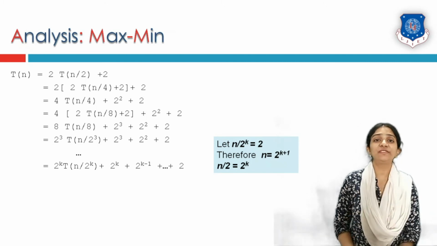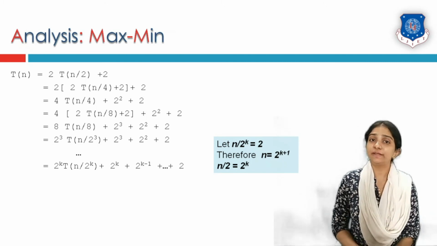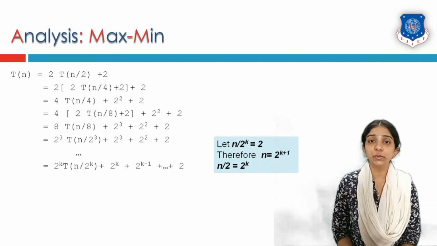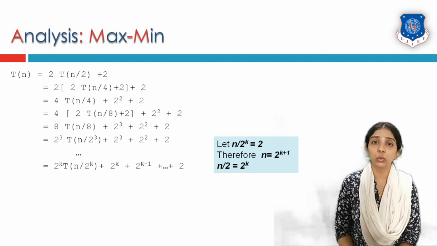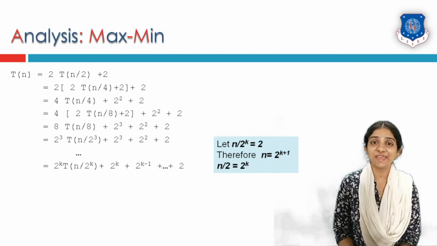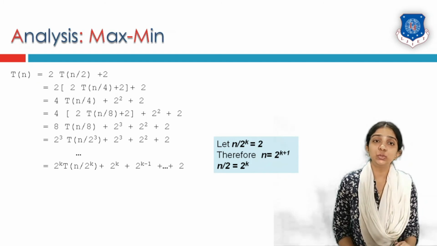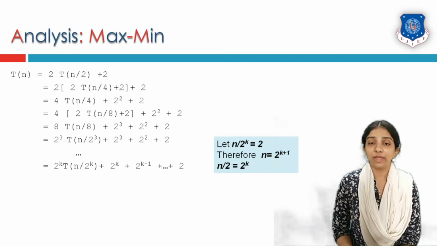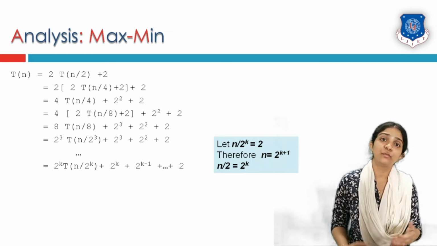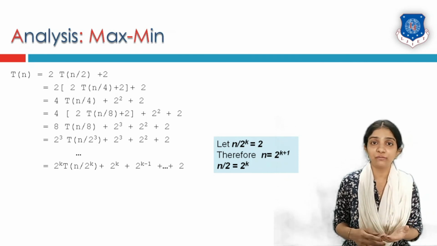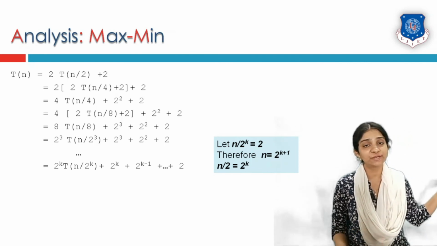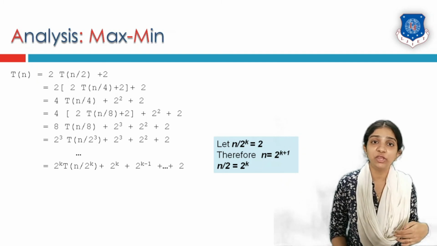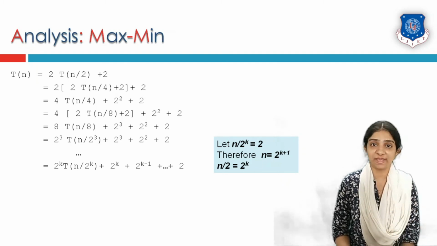Now let us make some substitution. Let us put n/2 raised to k equal to 2. So in this case, n will be 2 raised to k plus 1 and n/2 would be 2 raised to k. So wherever the 2 raised to k term appears in our original expression, we are going to substitute n/2 in its place.